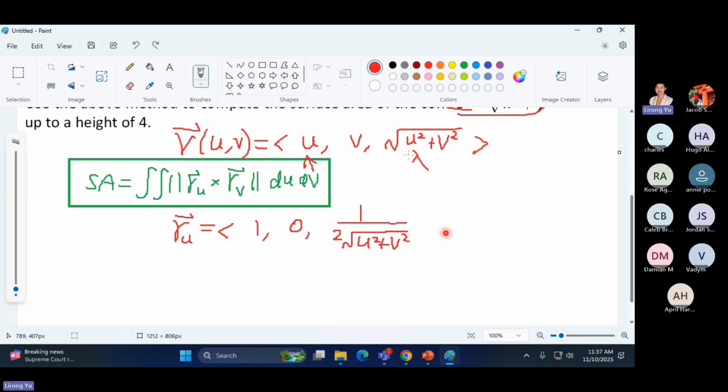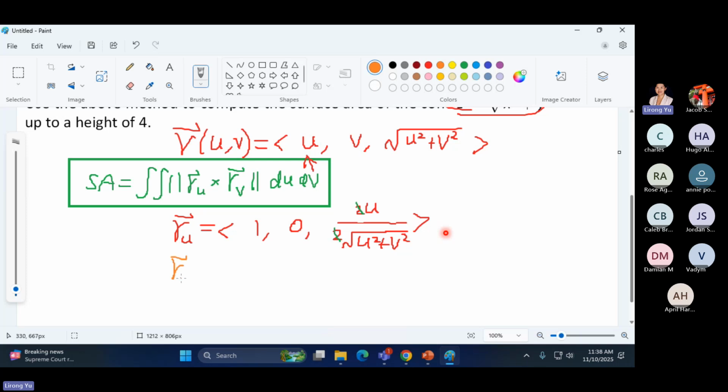The derivative of u squared is 2u. So the numerator is 2u. So that's the partial derivative with respect to u. If we want to simplify, we can simplify the 2 by 2. So that's our r_u.